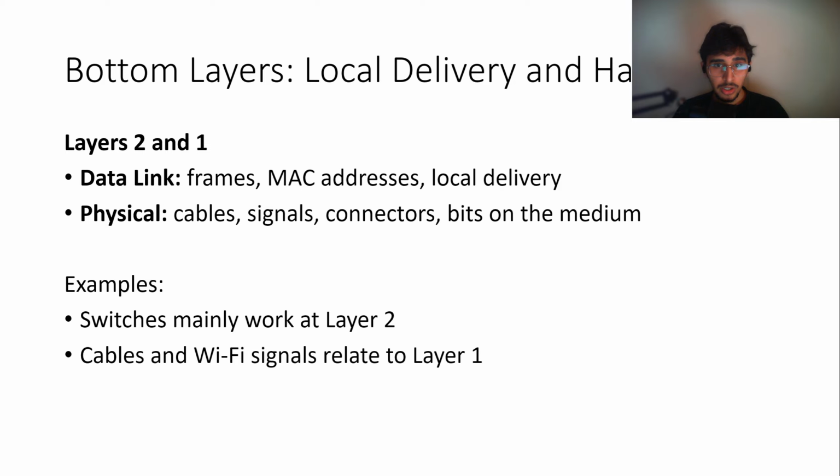Then the physical layer is the actual hardware side: cables, signals, connectors, radio waves, electrical pulses, and all the physical stuff that carries the bits. So by the time you get here, the data has gone from the application logic all the way down to the actual signals moving through the real world, which is honestly a lot of work just to load one website.